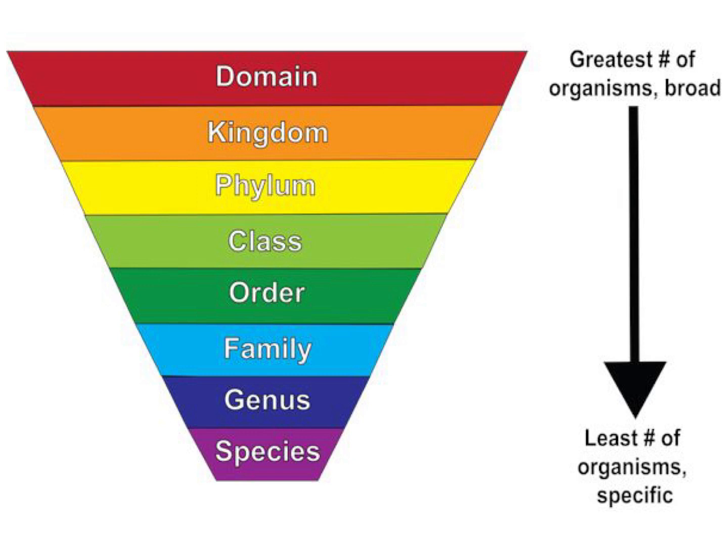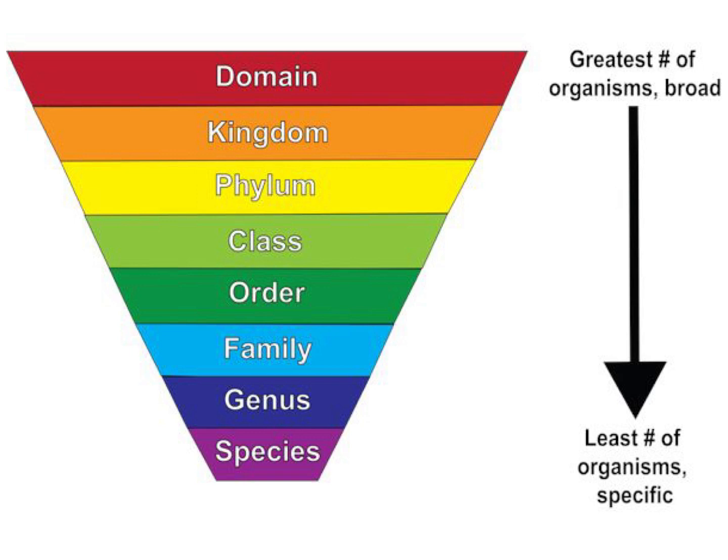Then as we move our way down, we become more and more specific to specific organisms, and those categories contain the least number of organisms. So it goes domain, kingdom, phylum, class, order, family, genus, species. So this is how we organize life.